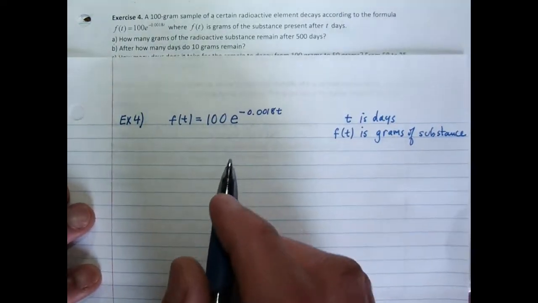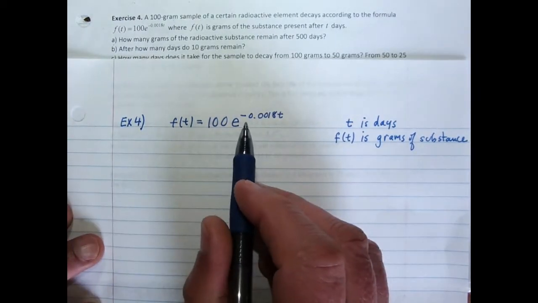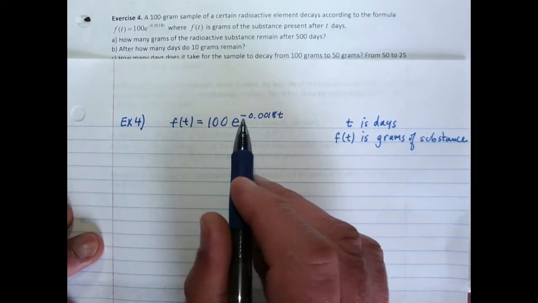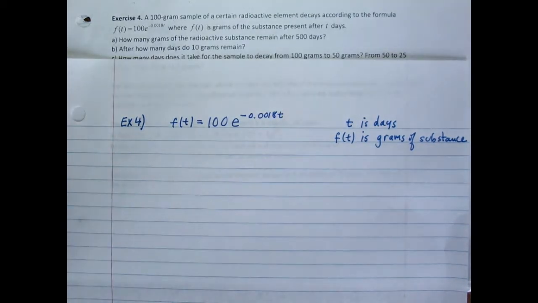So notice here my k value is negative for this function. It's negative 0.0018.